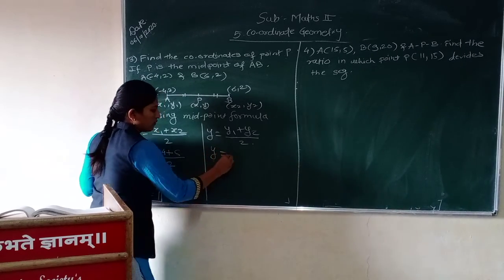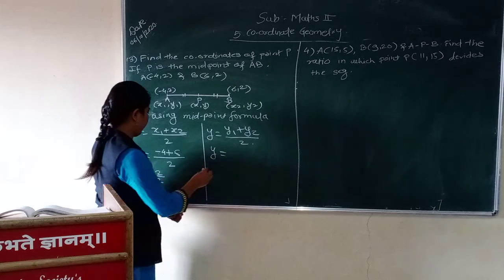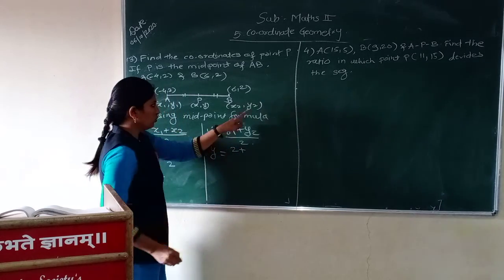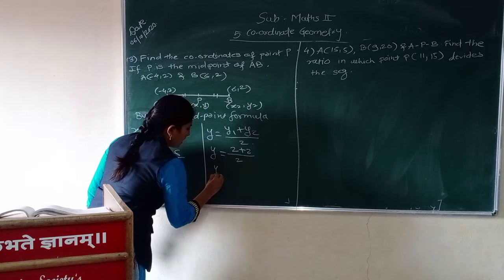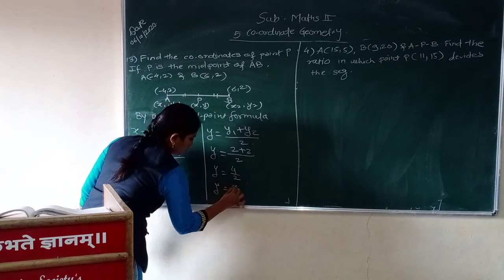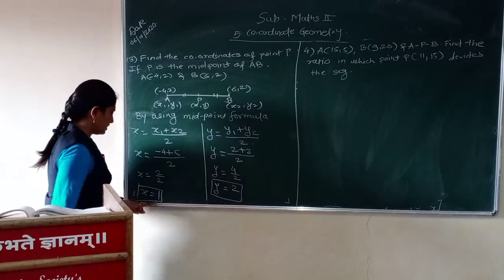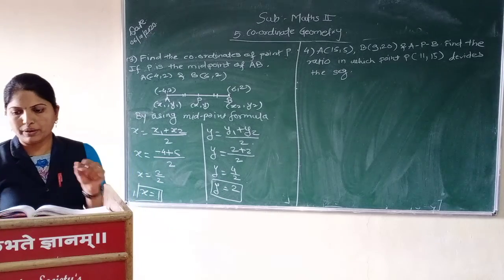Here for y, y1 is 2 and y2 is also 2, upon 2, y equals 4 upon 2, y equals 2. Means x is 1 and y is 2 for the midpoint.